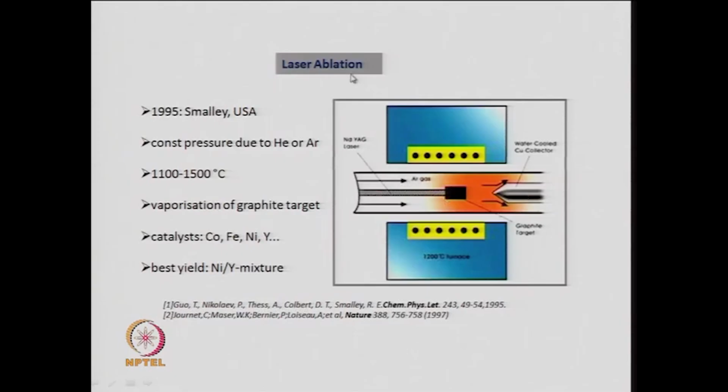Like the arc discharge method, this is also a high temperature technique, although here temperatures are like 1100 to 1500, whereas in the arc discharge method it was around 3000 degrees Celsius. The best yield you get is when you use catalysts like nickel and yttrium mixed together; you get the best quantity of carbon nanotubes deposited on the copper collector.